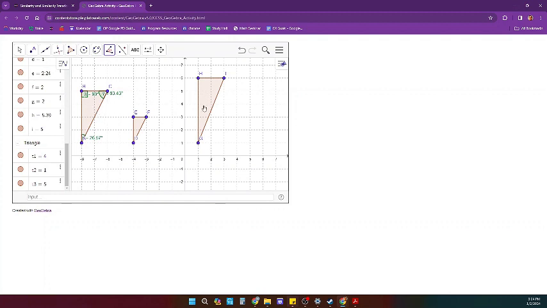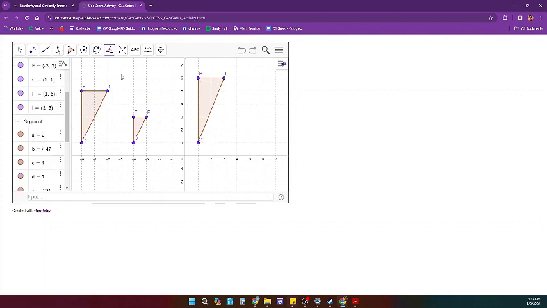So we have our angles there, and here we have a bit of a problem. 90 and 90, those are still equal to one another. But here we have angle C to be 63.43 and angle I to be 68.2. Well, maybe we'll have better luck comparing angle C to angle G, but no, that's 21.8. So the triangles are not similar because the angles are not equal to one another.